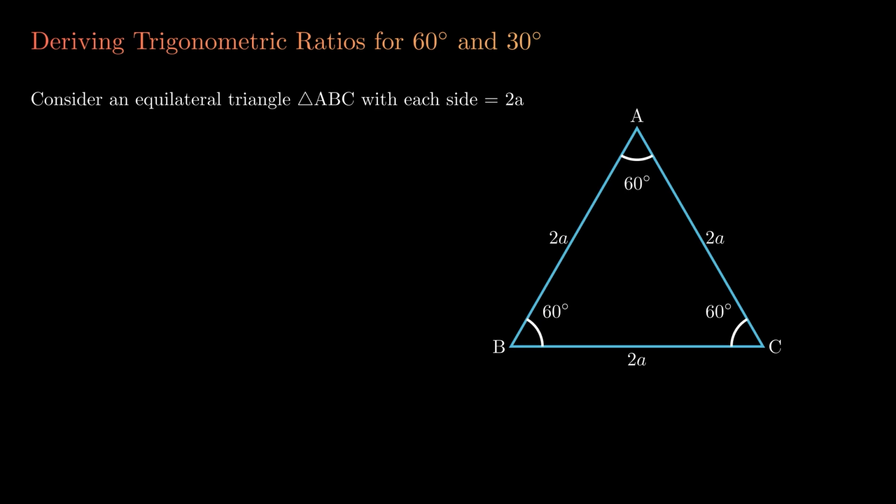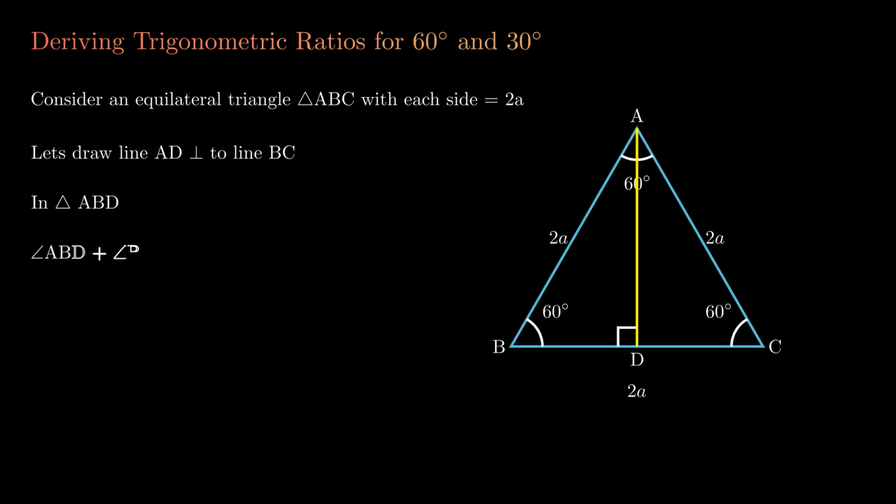Now let's make a construction. Let's draw a line AD which is perpendicular to the line BC, right? In triangle ABD, angle ABD plus angle BAD plus angle BDA equals 180 degree, right? Because these are the sum of interior angles of a triangle, which has to be 180 degree.